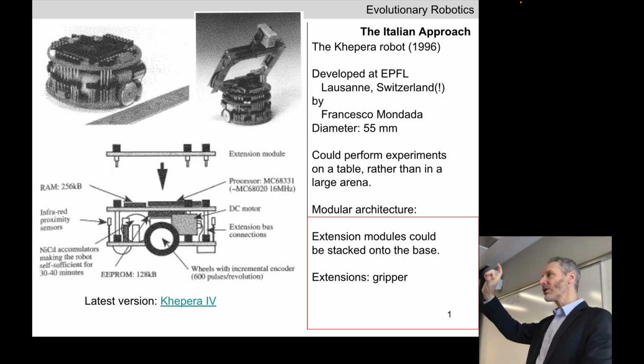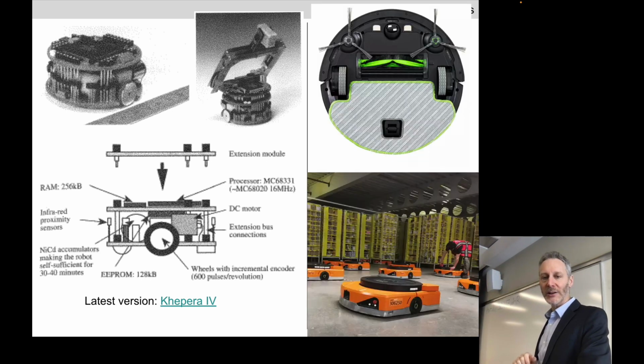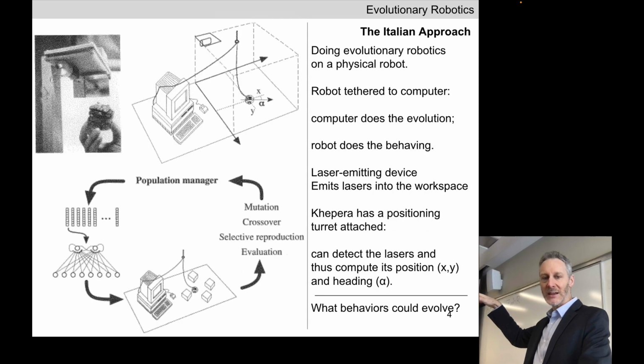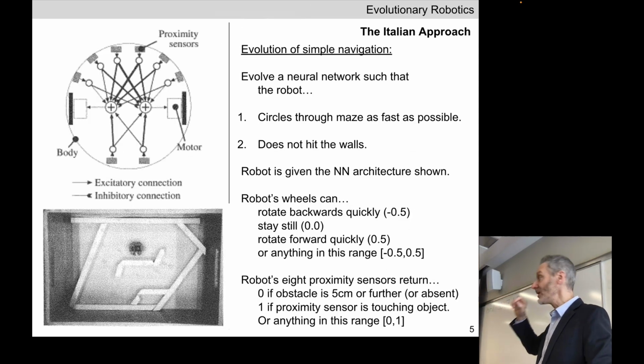Okay, so we've got this little hockey puck-sized robot called a Khepera. We can stack various things on top. And we saw last time how the investigators wired up 8 proximity sensors to 2 motors with a total of 16 synapses, which means that they needed their evolutionary algorithm to find a good set of 16 numbers that when labeled on the synapses produced a robot that would race through this maze around and around, either forward or back.